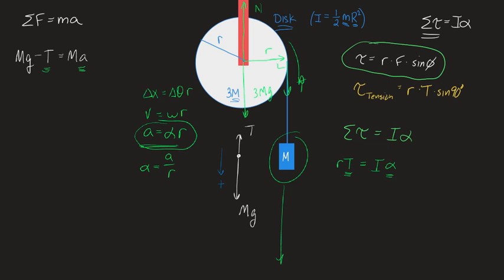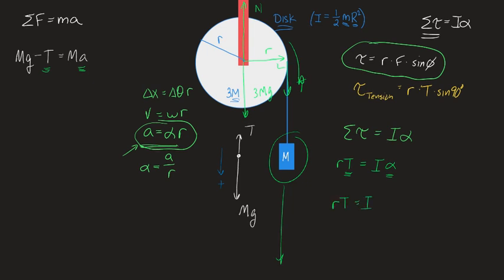If that's true, then this relationship is true. It's the same condition we use for rolling. When something is rolling, we say that this condition is true. One rotation of the wheel will result in the object moving one circumference.